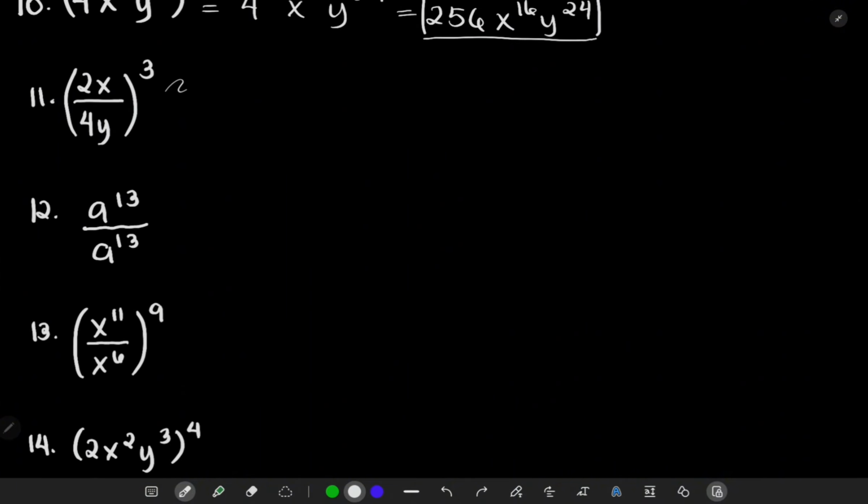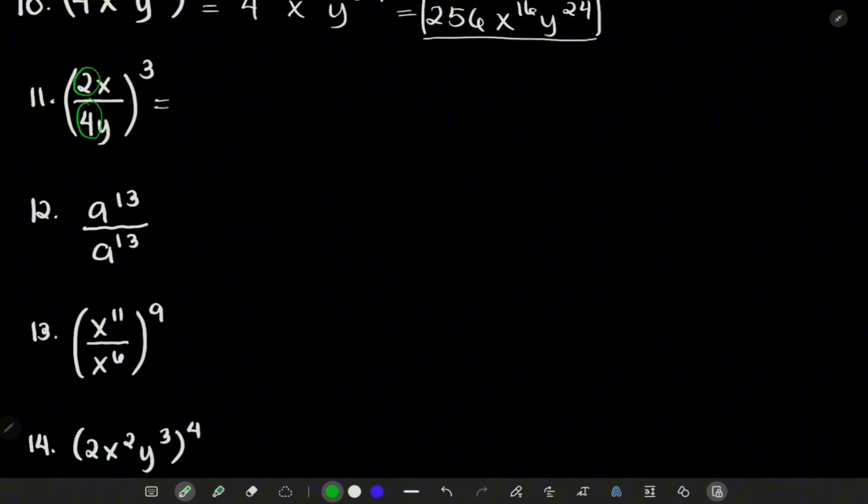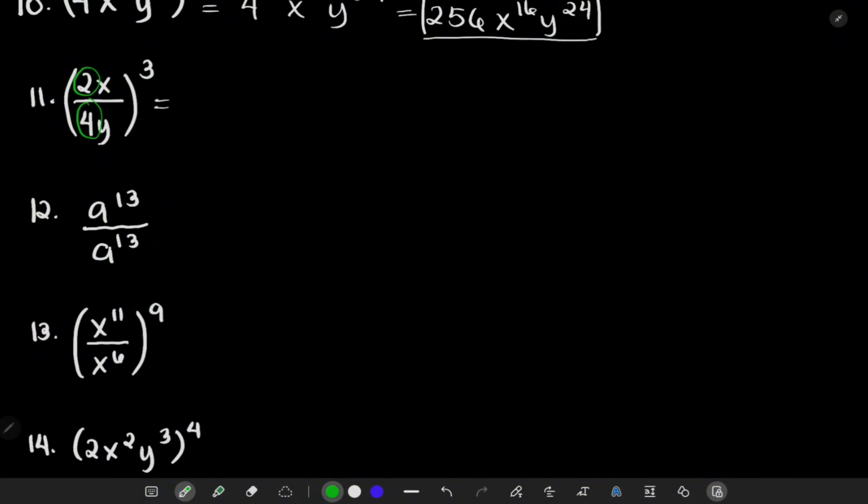And for number 11, kung mapapansin nyo, yung ating numerical coefficient sa numerator and then denominator ay both divisible by 2. So pwede nating i-reduce siya as 1/2. So kahit wag na nating isulat yung 1, so kopyahin na lang natin si x over 2y.